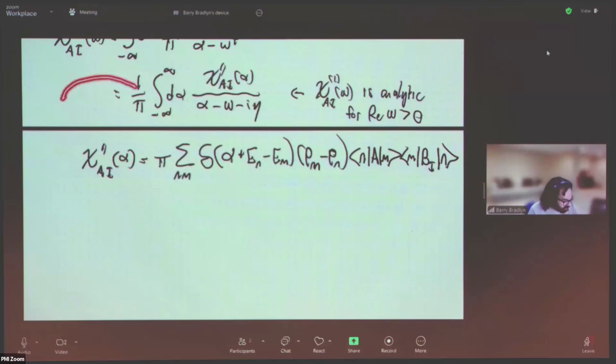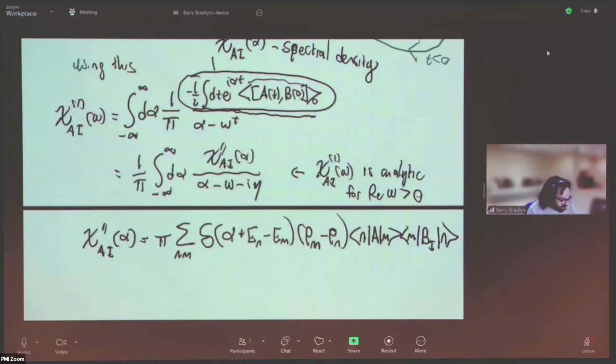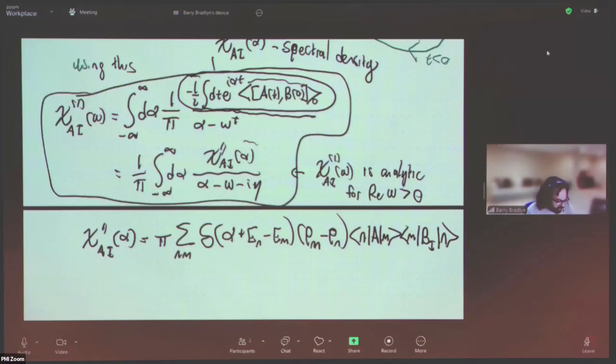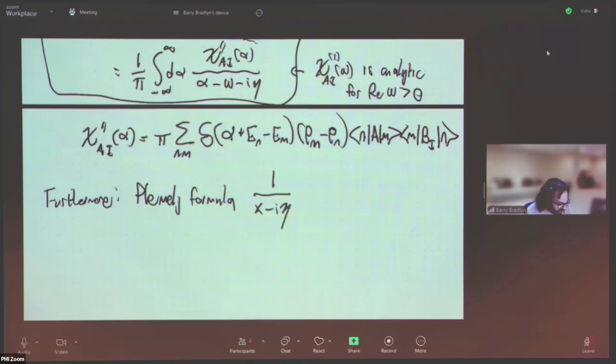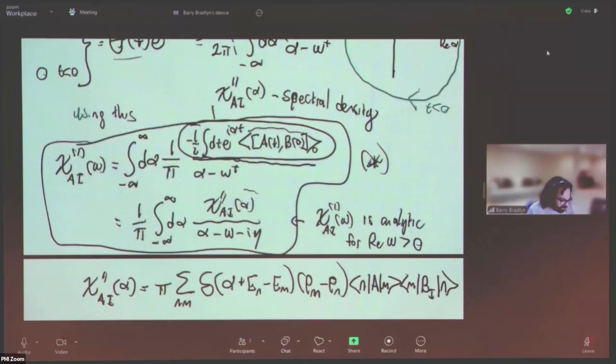We can say even more, if we take this expression here, which I'll put in a box and label it star. We can use what's known as the Sokhotski-Plemelj formula, which tells us we have 1 over x minus i eta, like we have here.